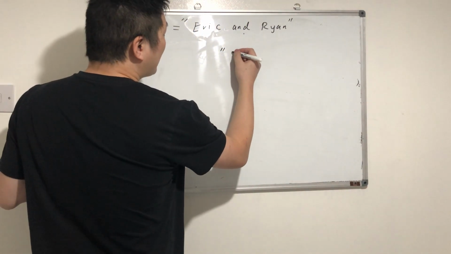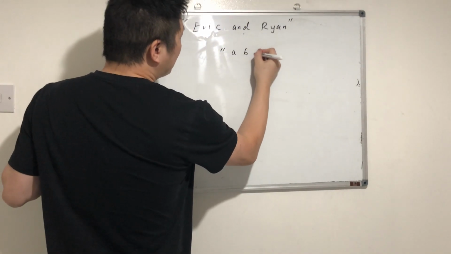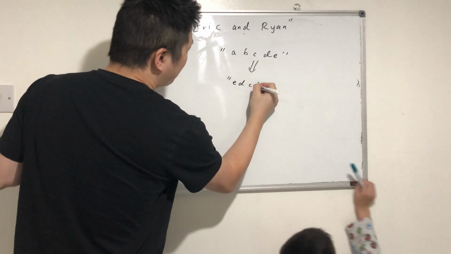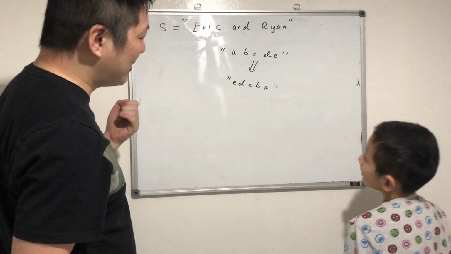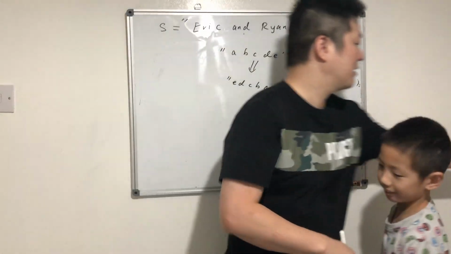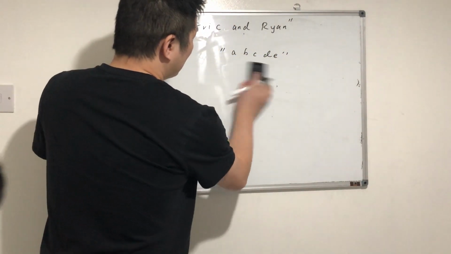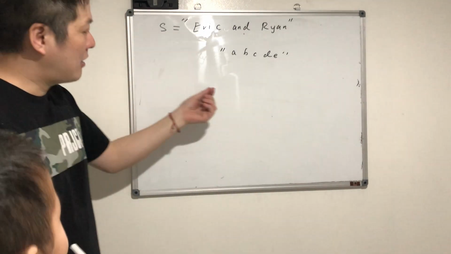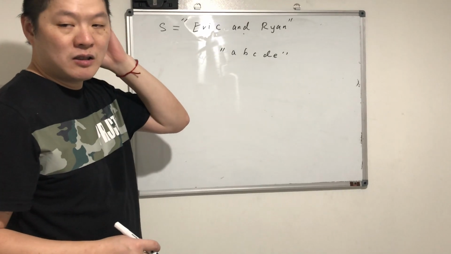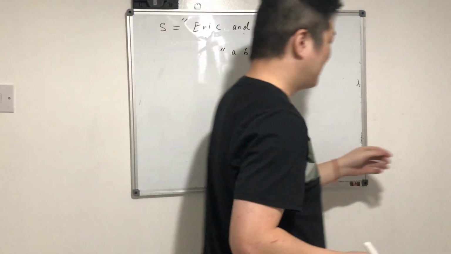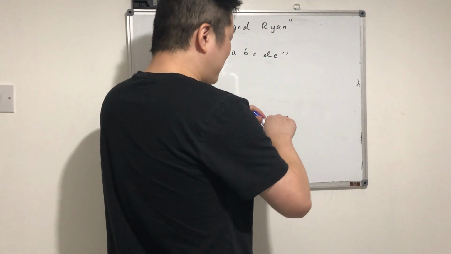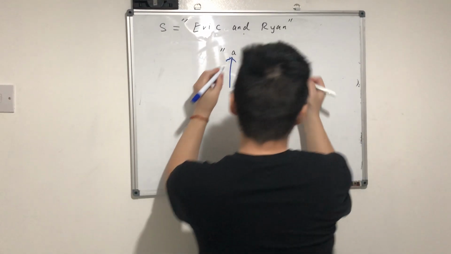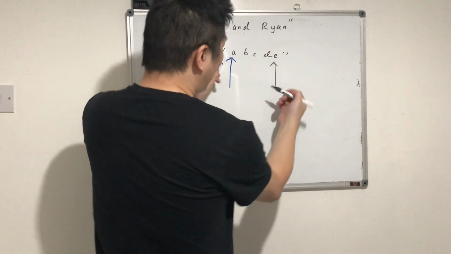Look, A, B, C, D, E. If we want to reverse this, it will become E, D, C, B, A. How can we do it? We just move the last one to the beginning, and the beginning one to the end, then the second one. You mentioned a very good point: I have two pointers.